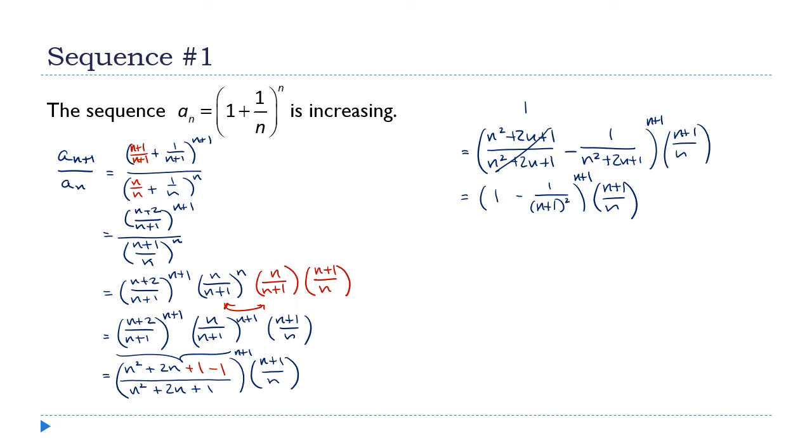Okay, now, refer back to Bernoulli's inequality, because this expression here, the minus 1 over (n plus 1) squared, that's between negative 1 and 0 whenever n is a positive integer.